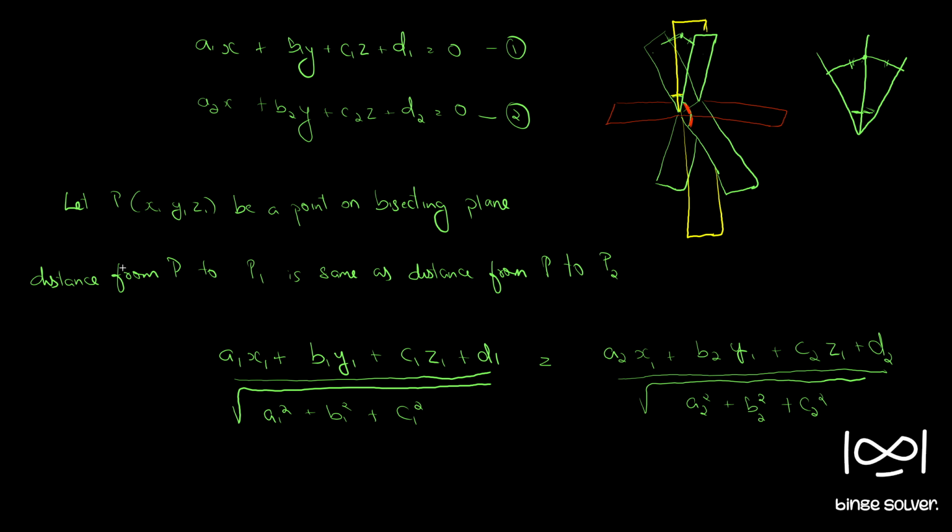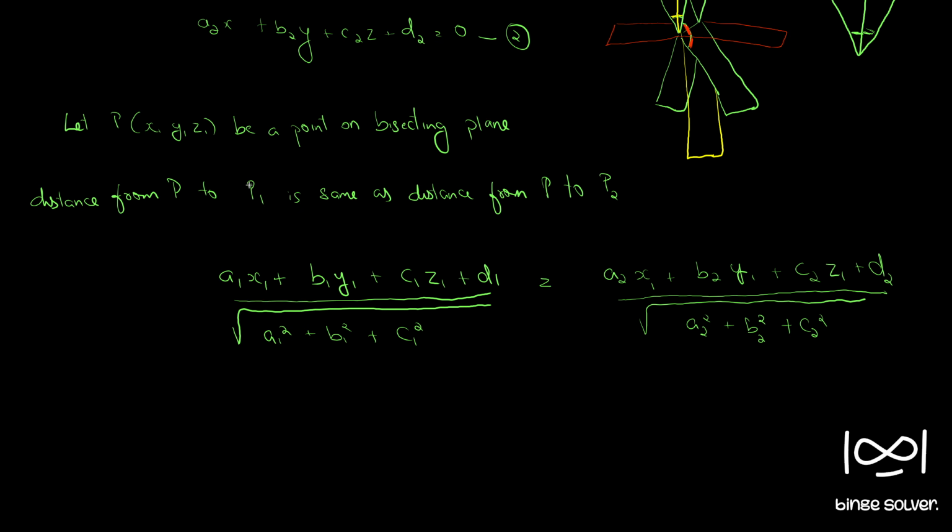Now the distance from P to plane 1 is equal to the distance from point P to plane 2. That is, the perpendicular distance from any point on the bisector plane to plane 1 and to plane 2. So we equate these two distances.